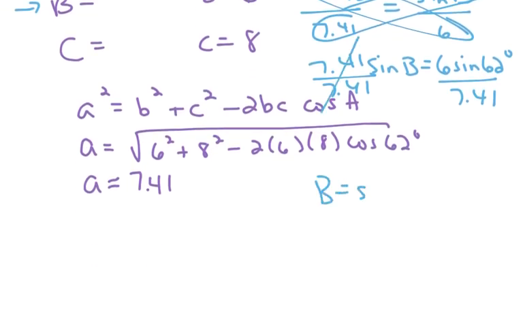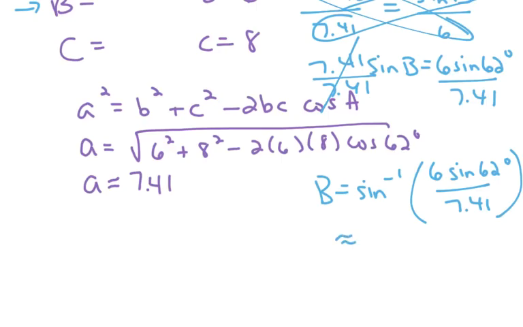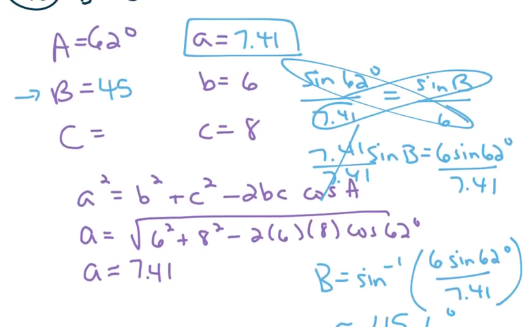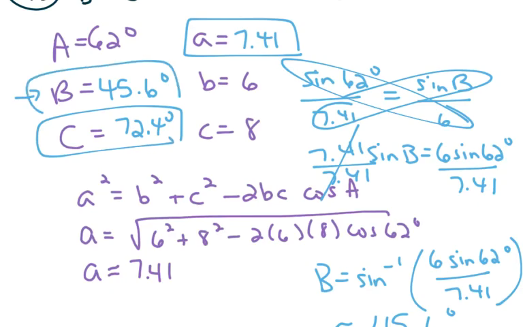So B is going to be the inverse sine of 6 sine of 62 over 7.41, and the calculator will spit out approximately 45.6. Now, I know two of the three angles. I can find the third angle by subtracting them from 180. So the last angle has to be 72.4. And now I've solved the triangle.